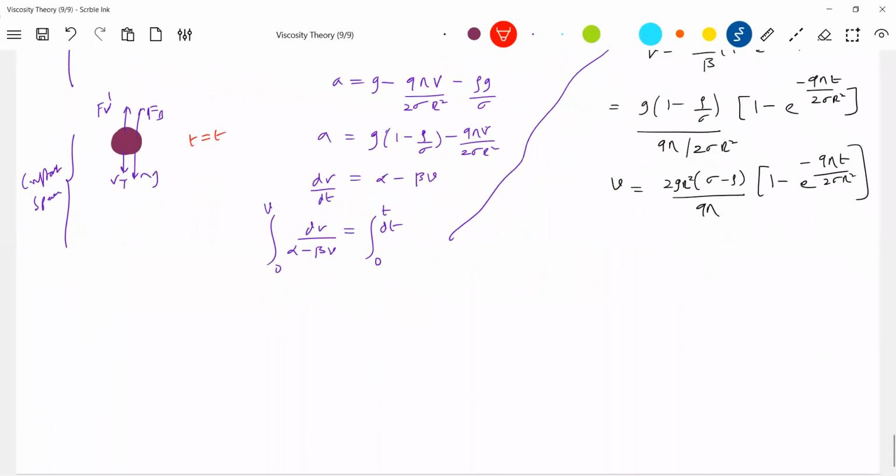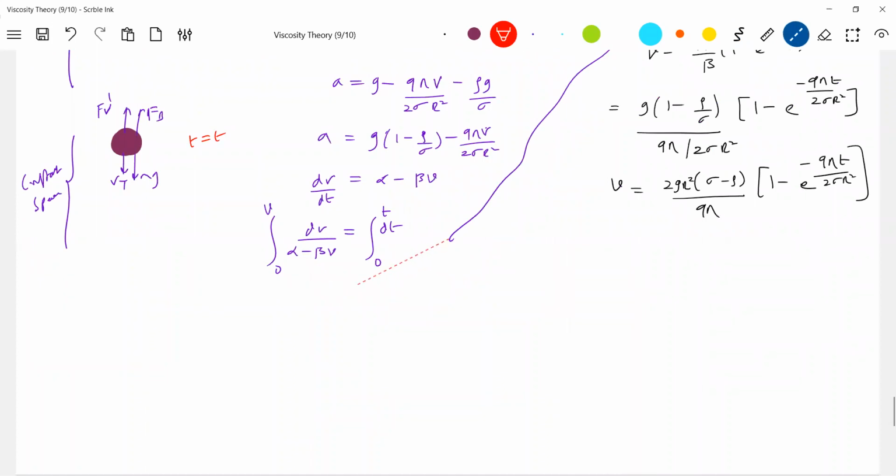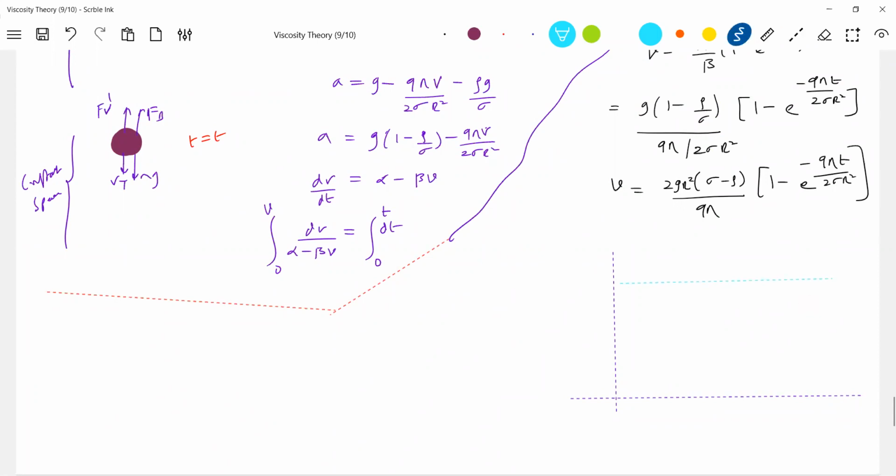So if I plot the graph, it will be an exponentially increasing graph like this. This is the expression for v and this is the terminal velocity.